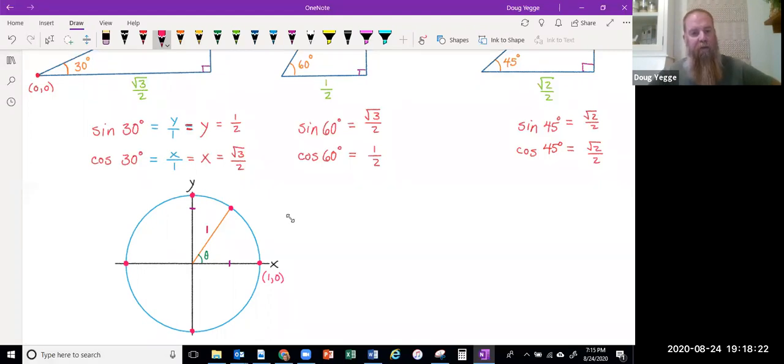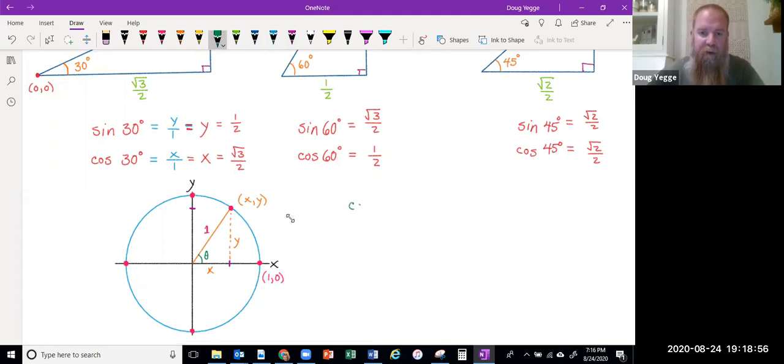So if this hypotenuse is 1 unit long, then why don't we try to find what our x and y coordinates are? So this is our x coordinate, and this is our y coordinate. And therefore this point is the point x, y, which is not really too big of a surprise, except for the fact that now we see this triangle with a hypotenuse of 1. So let's try to find sine of theta and cosine of theta on here.